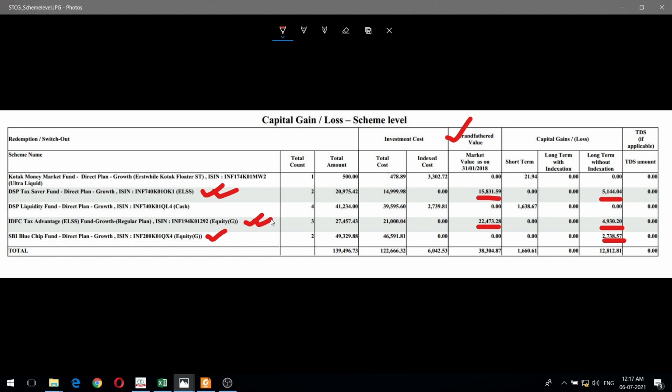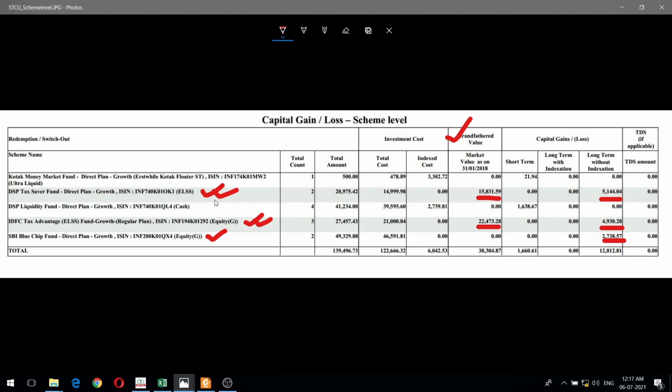That means there will definitely be some units which I have purchased before 31st of Jan, and I have sold those units sometime during the last financial year, right? Okay, that is clear. Now, as for the rules, let's consider the grandfather value first, and then we'll come to the non-grandfathered value, like this one.